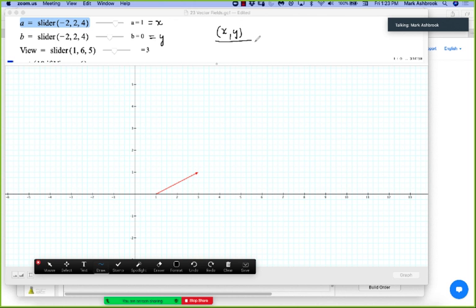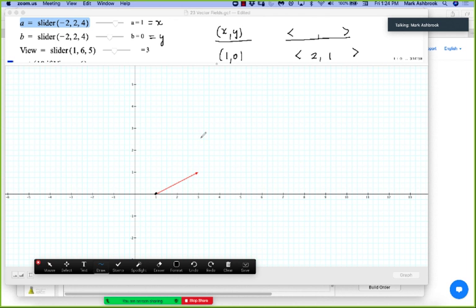That's our input, two variables. So 1, 0 gives what? What vector does that give? 2, 1. 2, 1, right? So at the location 1, 0, we get the vector 2, 1.